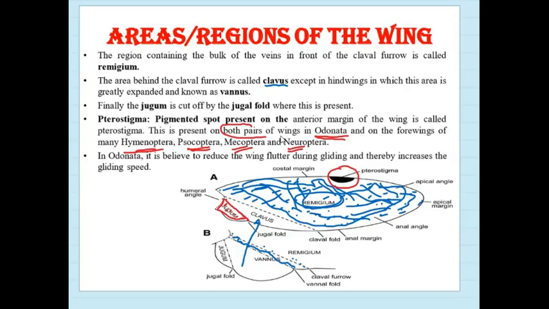It is believed to reduce wing flutter. This pigmented spot reduces wing flutter during gliding and thereby increases the gliding speed. So it is an adaptation to glide speedily.